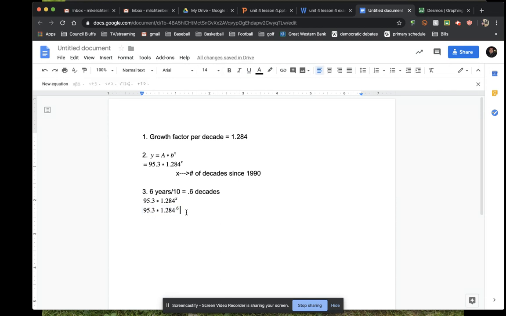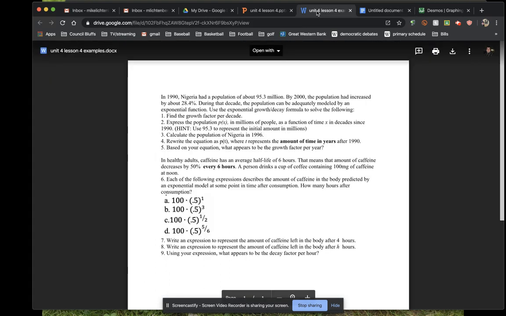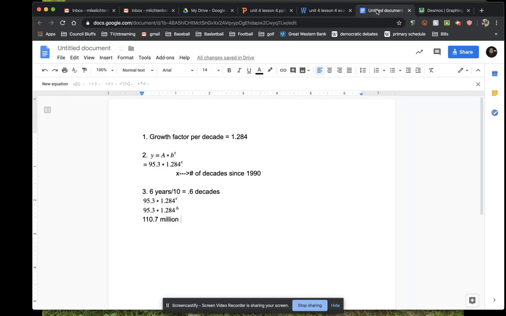With the understanding that that's not 110.7 people, it's 110.7 million people. So that is the answer to number 3. The population of Nigeria in 1996 is 110.7 million people.